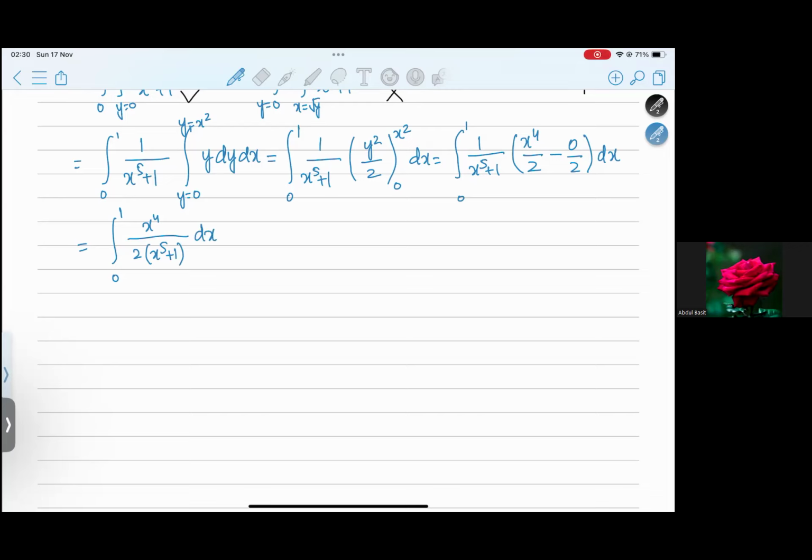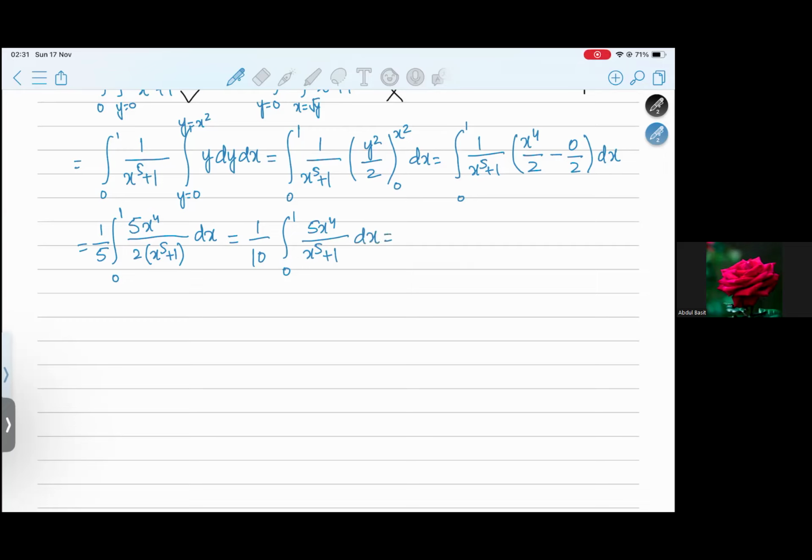So now my integral is very simple because the derivative of x power 5 plus 1 is 5x power 4, which is present in the numerator, and to make it 5x power 4 I multiply by 5 and divide by 5. Okay, so now taking 2 outside, I get 1 over 10, the integral from 0 to 1 of 5x power 4 divided by x power 5 plus 1 with respect to x.